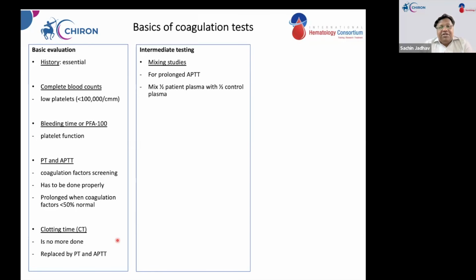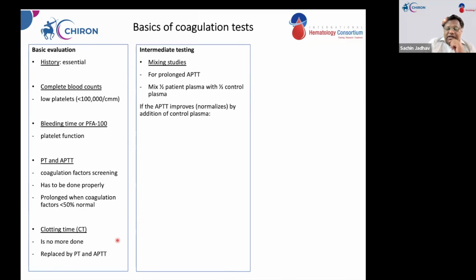We measure that PT-APTT. If that is normal, we say, all right, you have normal PT-APTT. I'm going to pool all of your plasma, and that becomes my control plasma. So part of patient plasma, part of control plasma is put in, and then we measure how many seconds it takes for that to clot.